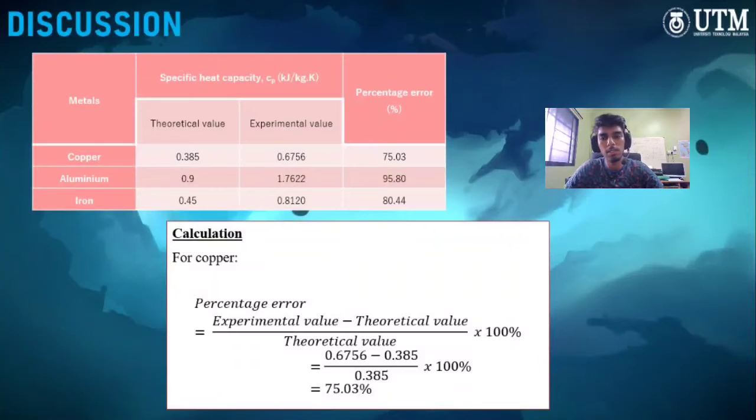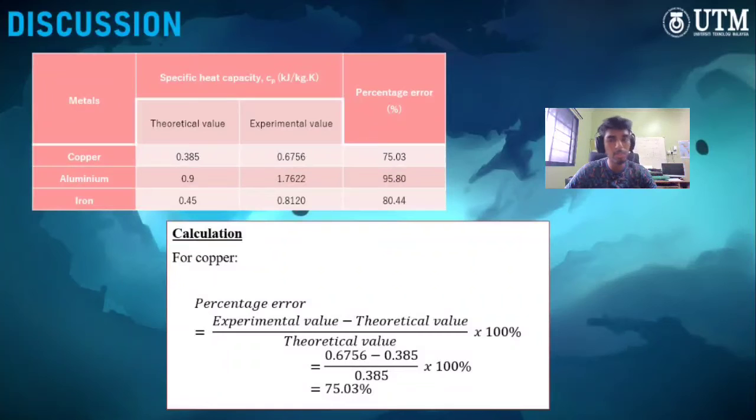So now I will discuss about the discussion part. According to the table that's given on the slide, this table explains the comparison between the theoretical value and the experimental value of specific heat capacity for each and every metal that we use in this experiment. The experimental value is the value that we calculated and stated in table 1.